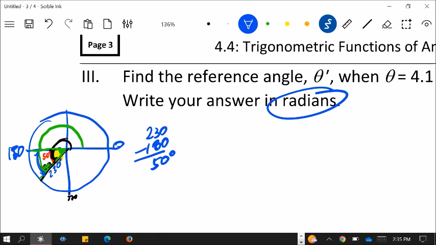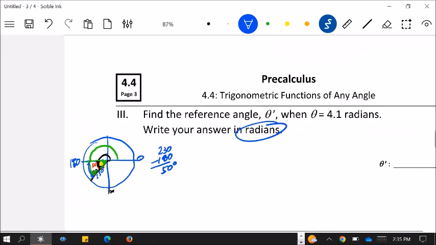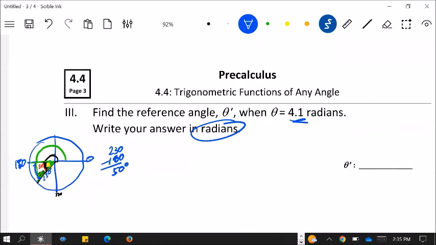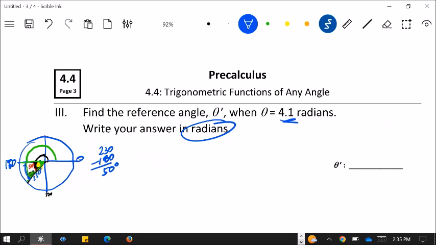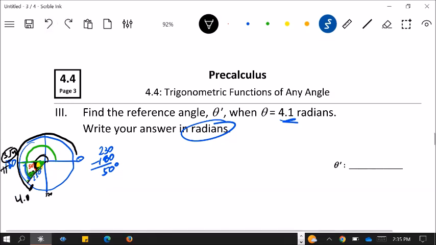We want it in radians. So now what we determine, we have 4.1 radians, and 4.1 radians means we go past 3.14, which is pi here at 180, and go up to where about 4.1 might be. So I'm going to guess that's about 4.1, give or take, maybe about there.